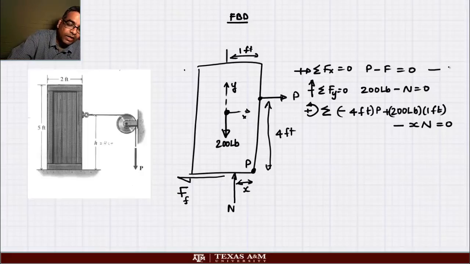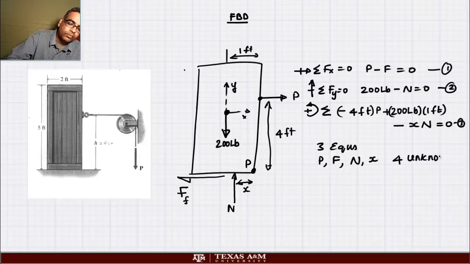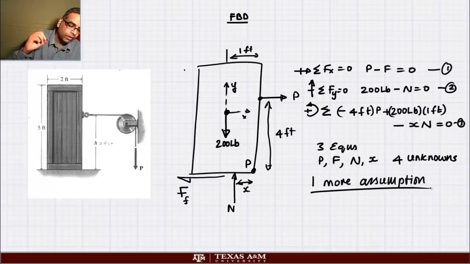So notice I have 3 equations. How many unknowns? P, F, N, x. 4 unknowns. So I need one more assumption to solve.